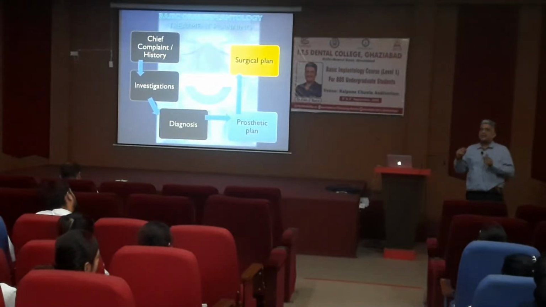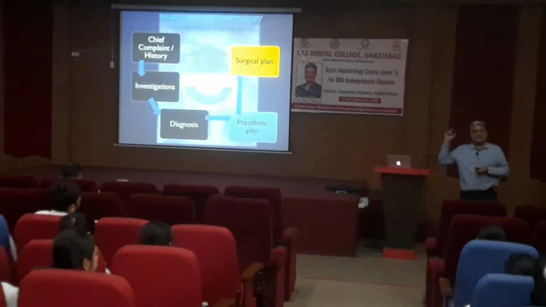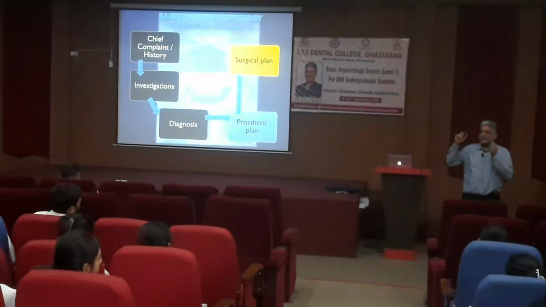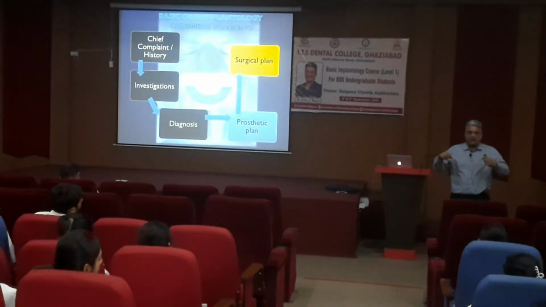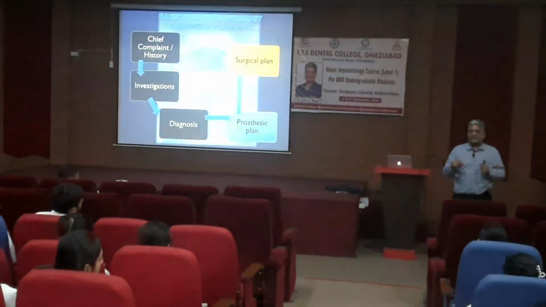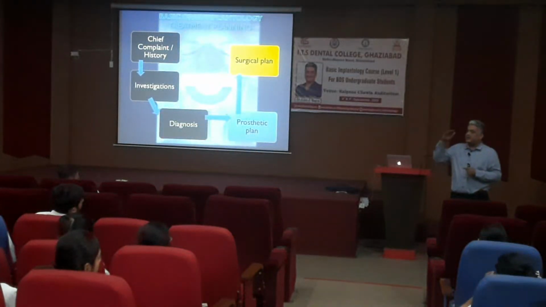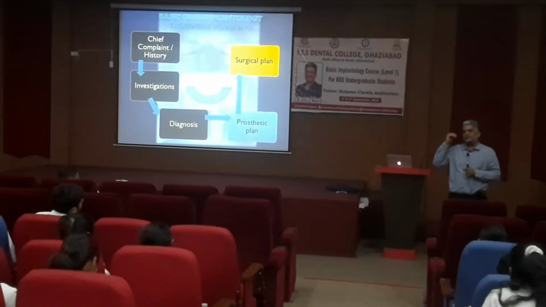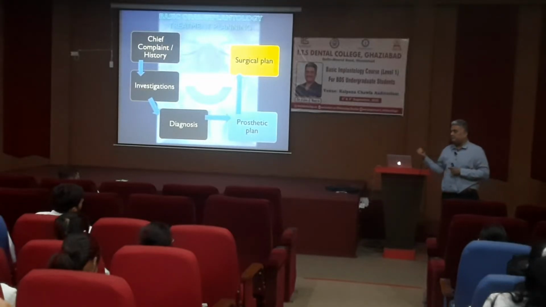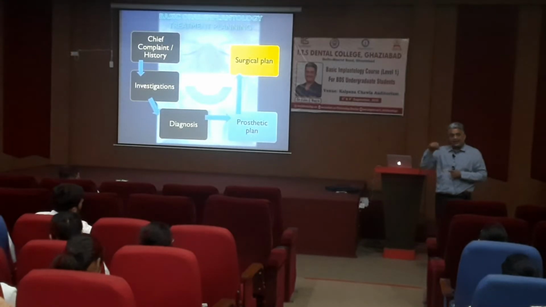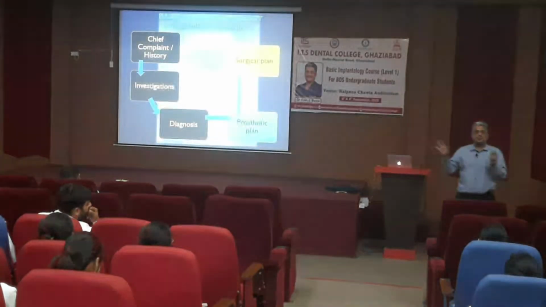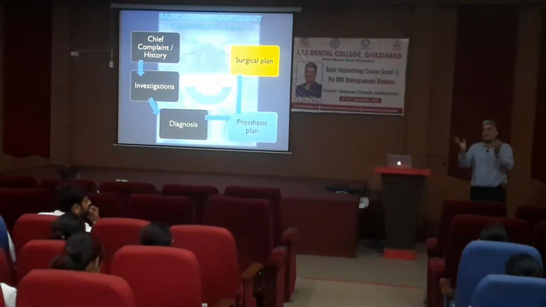So first, in case the second stage is done by a prosthetist, sit with him, discuss what does he want, where the implants are to be placed, what angulation, what should be the level of implant, should it be subcrestal, crestal or supracrestal. The type of implant you are using, whether they have a polished collar or they are fully treated, all those things should be considered and make a prosthetic plan.